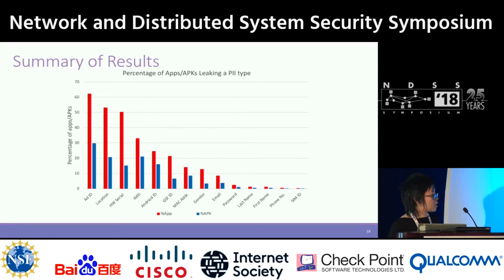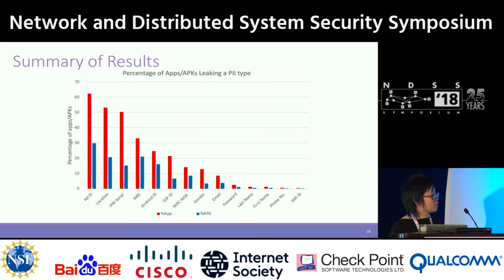First is the summary of our findings. This is a bar graph where the x-axis is the different PII types, and the y-axis is the percentage of APKs or apps across all the apps we've tested.